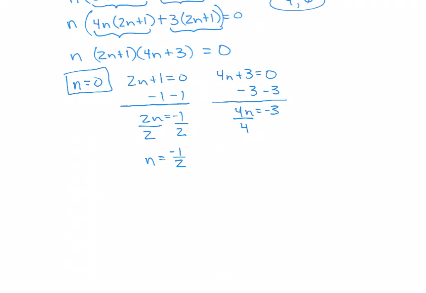And then we can divide by 4. We get n equals -3/4. So my solutions are 0, -1/2, or -3/4.